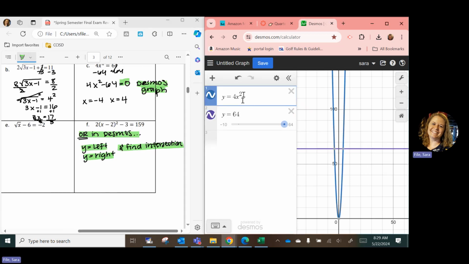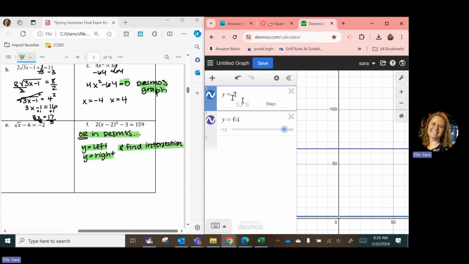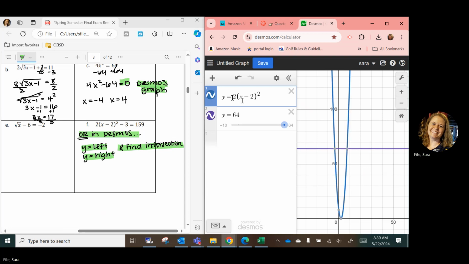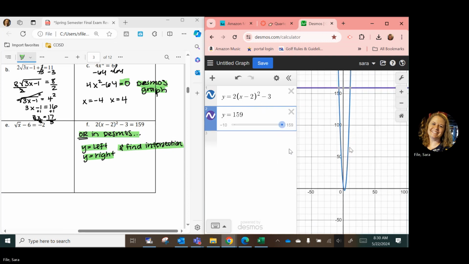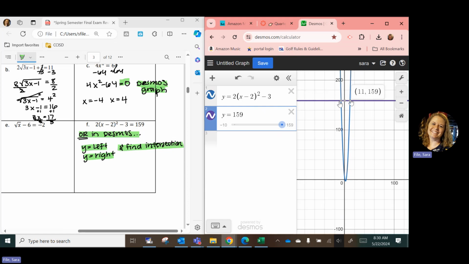So the left side is 2 times x minus 2 squared minus 3. And the right side is 159. Now I'm looking for the intersection. I had to zoom out because 159 is way up there. Now I'm going to look for the x value of that intersection.